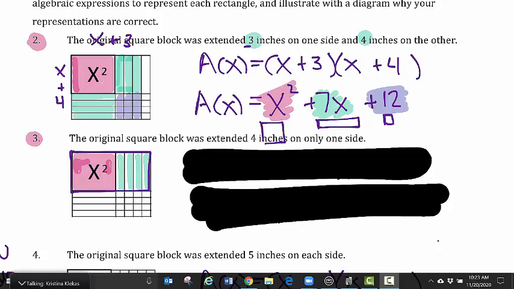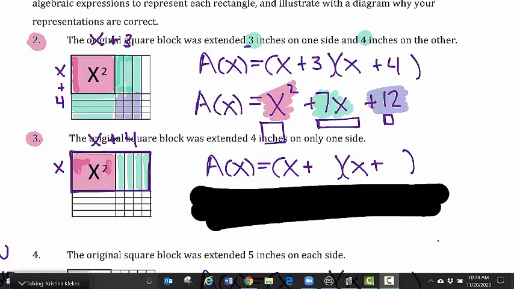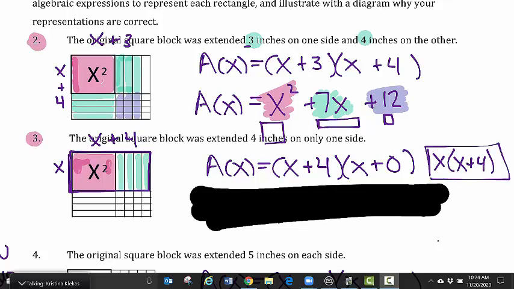So if you think about it, this side is x plus 4, which isn't weird. And this side is just a length of x. There's nothing else. So you could rewrite it as x plus 4 times x plus 0. Or you could just say x times x plus 4. And this one actually is a little better. You don't need the 0.